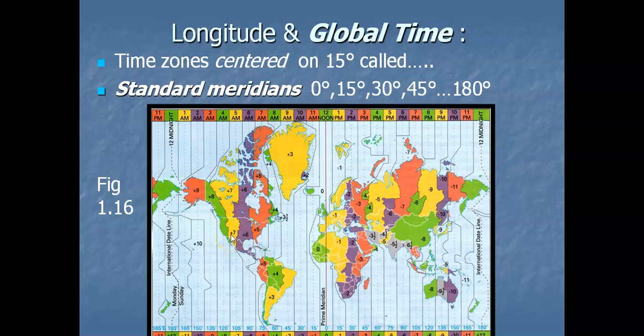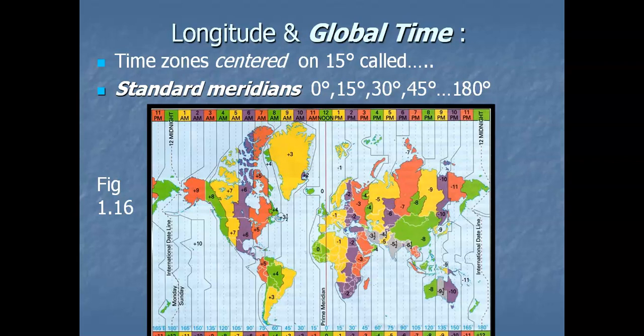And so there are huge variations once you get into politics. But we're still going to use our basic standard meridian increment of 15 degrees. And as it turns out, 180 on the opposite side of Earth is a multiple of 15, so it is also a special line of longitude, and it's a standard meridian.